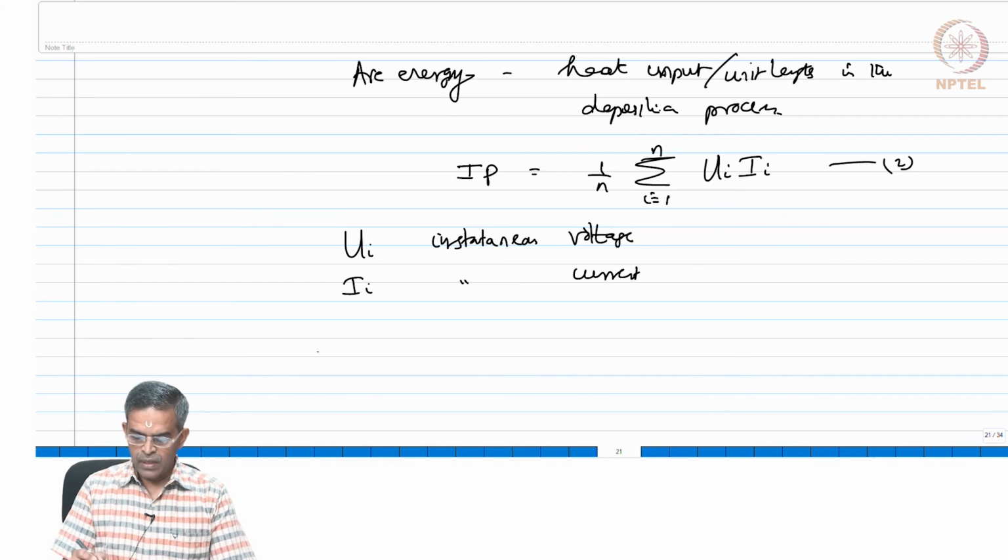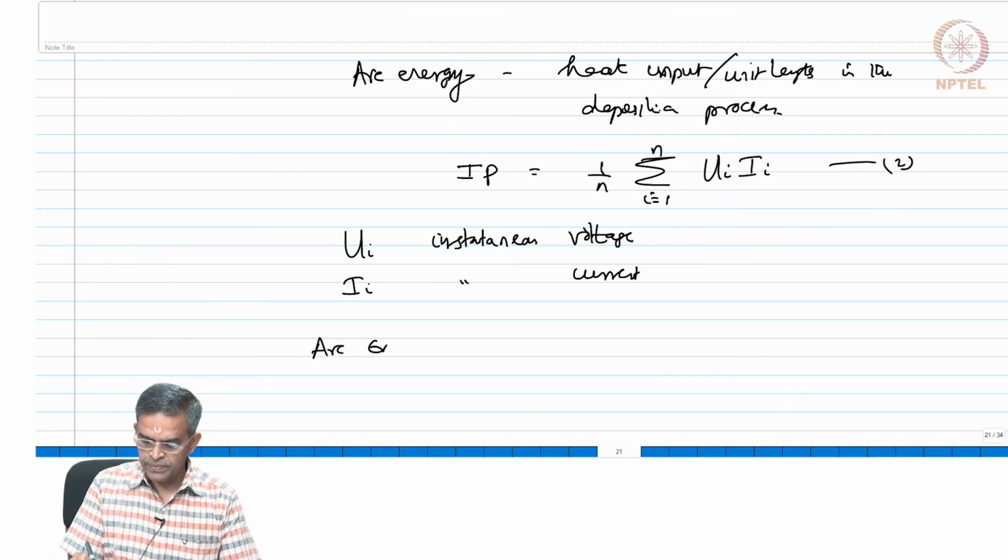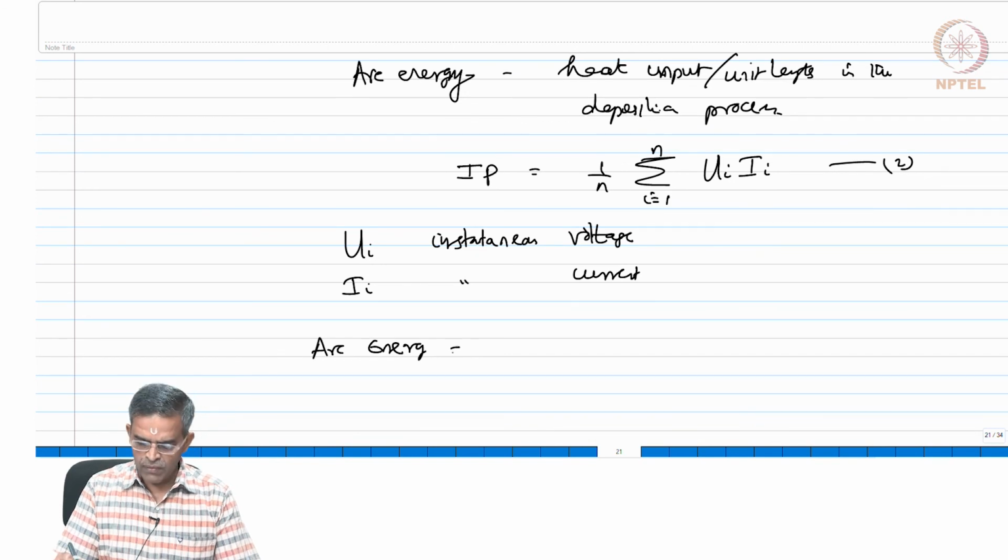Okay. Arc energy is therefore given by the efficiency multiplied by the heat input, divided by nu.